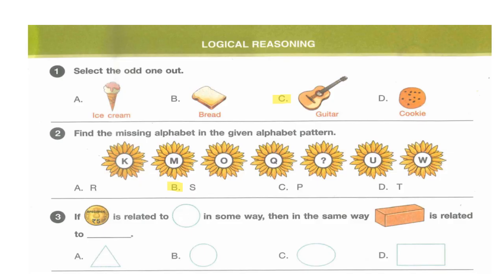Question number 3. If rupee 5 coin is related to a circle in some way, then in the same way a brick is related to dash. Option A, triangle, B, circle, C, oval shape, D, a rectangle.